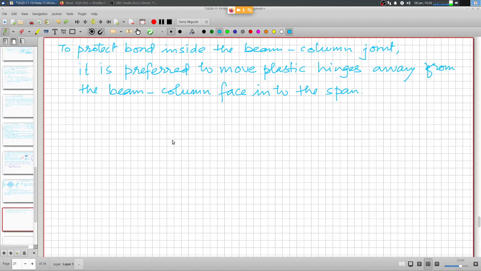If it doesn't yield at the beam column face, then the inelastic deformations will not extend into the joint, and the bond will remain intact, and therefore that will save the beam column junction from unnecessary distress. So that's a very critical thing that you should account for.